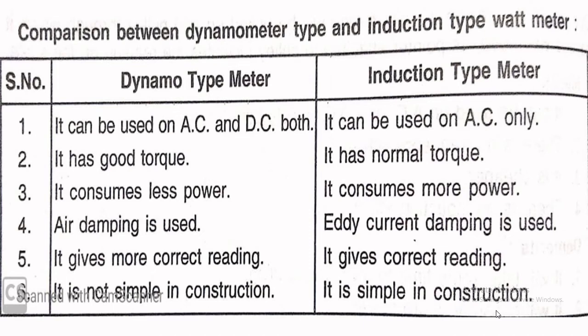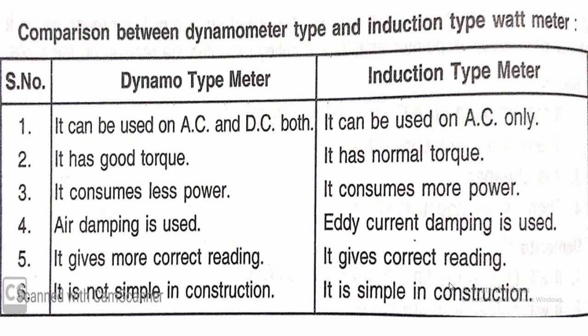Comparison between dynamometer type and induction type watt meters. Here you can see the dynamometer type watt meter and the induction type watt meter. The dynamometer type can be used on both AC and DC, whereas the induction type works on AC. This is a very important question. Induction type meter works on which supply? Like that the question will come, and most people will be confused.